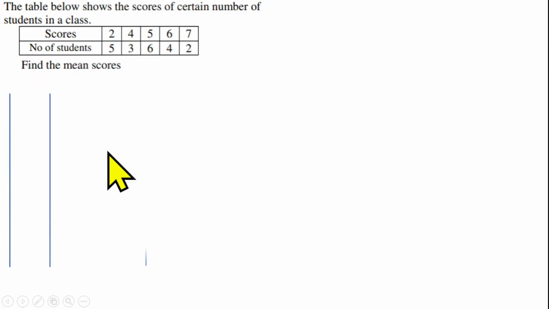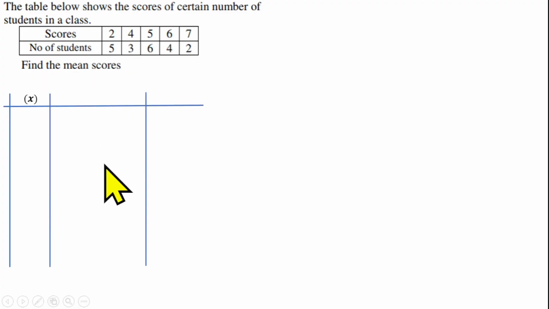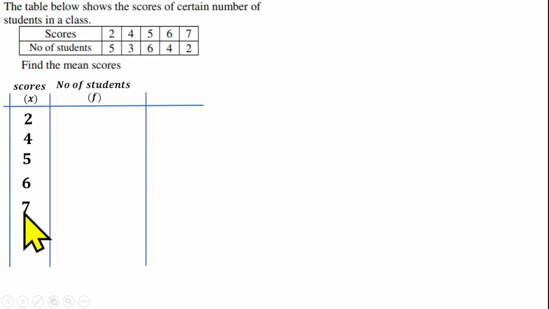So we'll have something like this. We have the scores 2, 4, 5, 6, 7, and the frequencies are also like this.